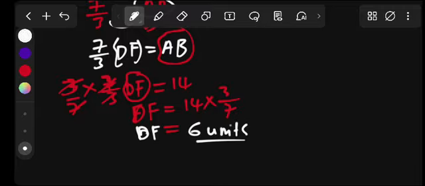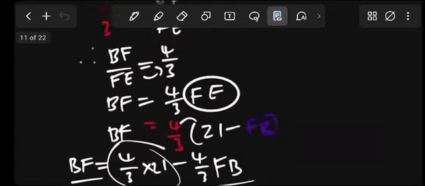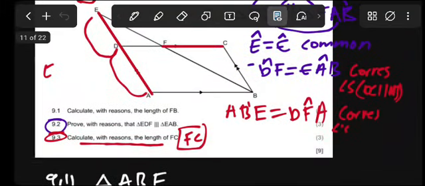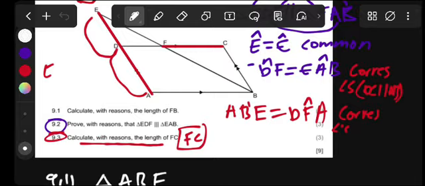The reason I've calculated this DF is because if you can check this FC here, all right, we have FC must be equals to, okay, this line, the whole length there.